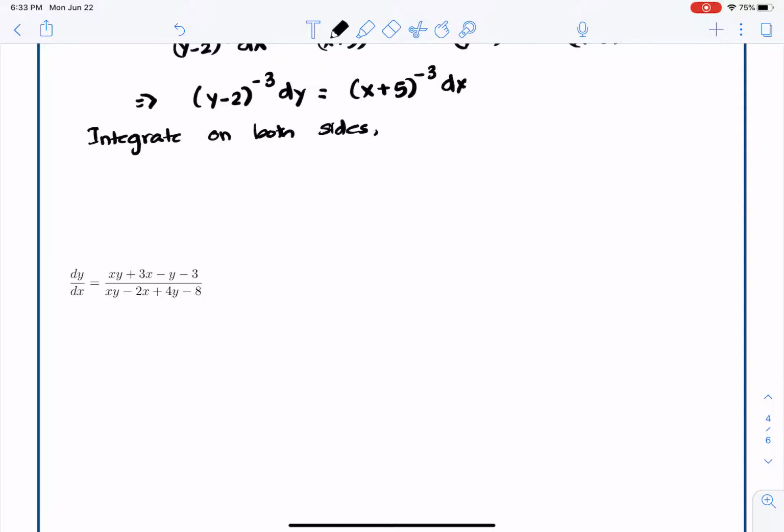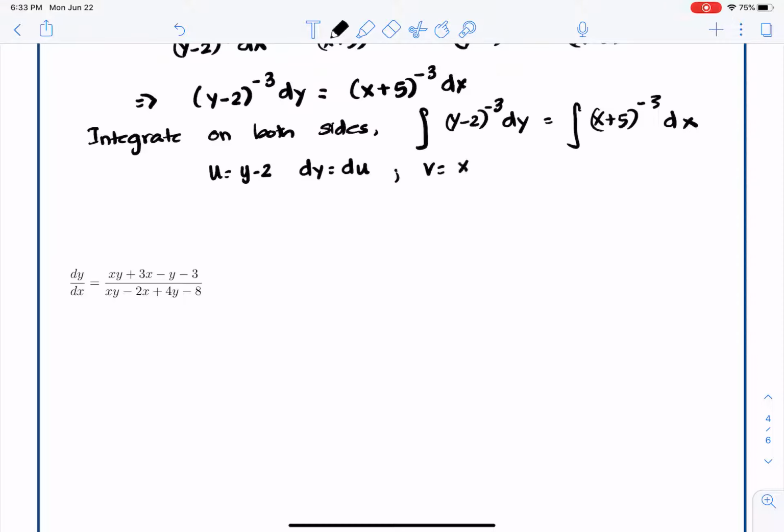And the integration here is done via substitution. So you could set u equals y minus 2, which would imply dy is simply du. You could set v equals x plus 5, which would imply dv is dx.